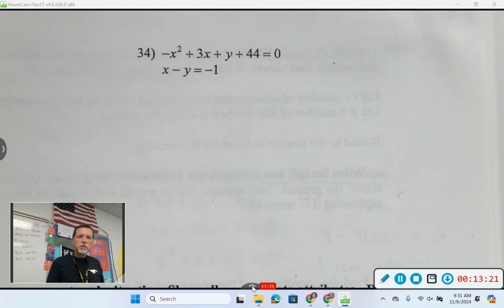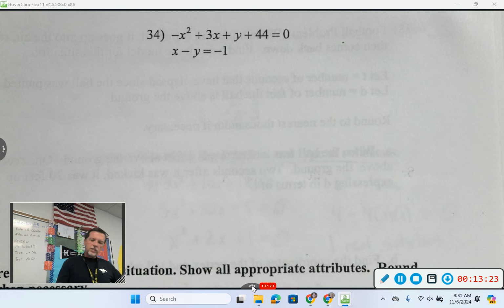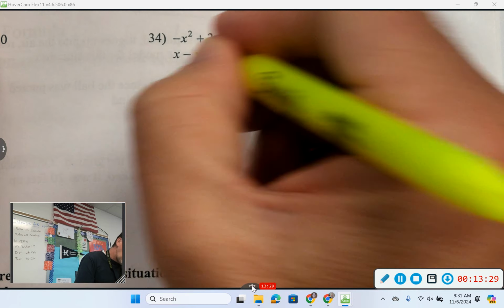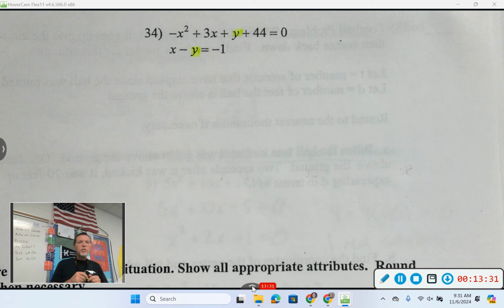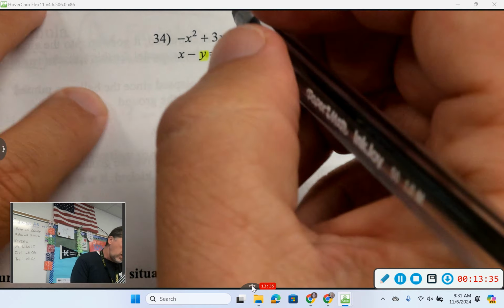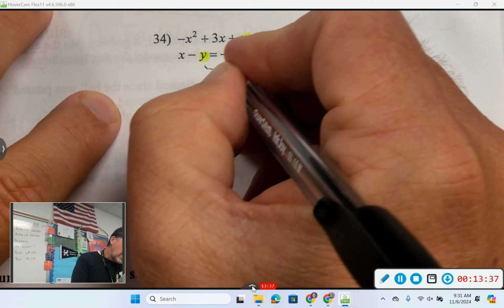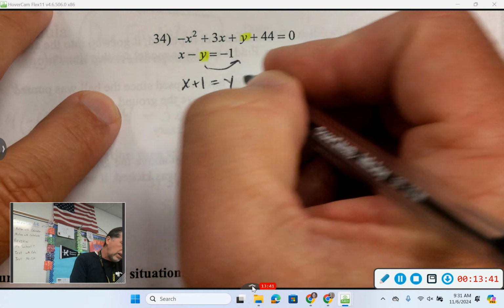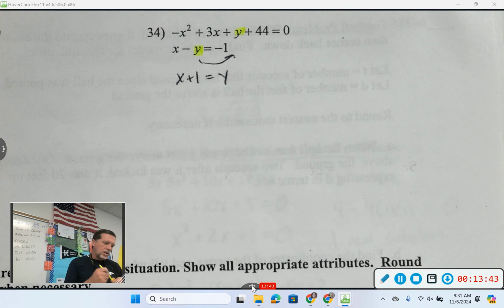Number 34. Oh, another one. What would you like to solve for in this one? Definitely y, because then we don't have to square anything. So I'm going to move the y to this side and get y equals x plus 1.